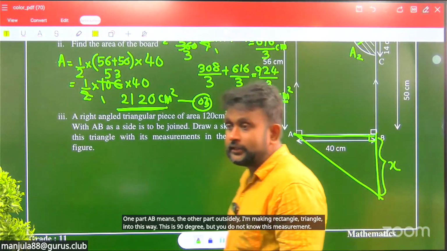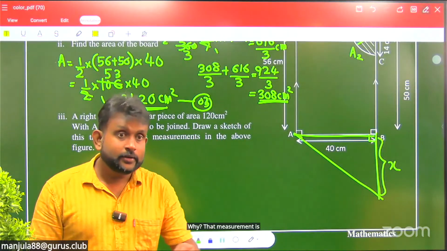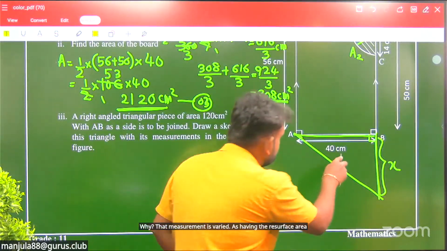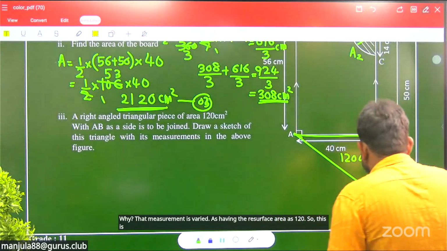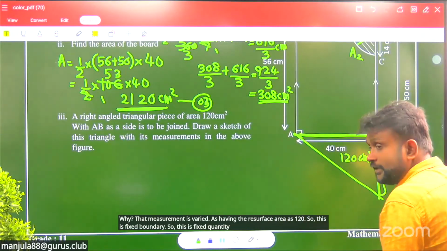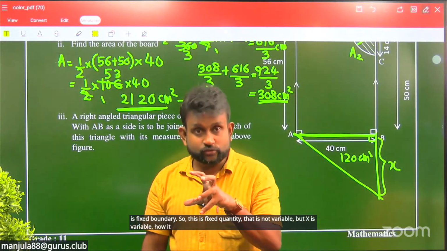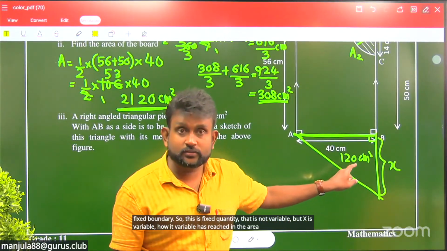Why? That measurement varies as the surface area is 120. So this is a fixed boundary, a fixed quantity, not variable, but x is variable. How is it variable? By reaching the area of 120 square centimeters.